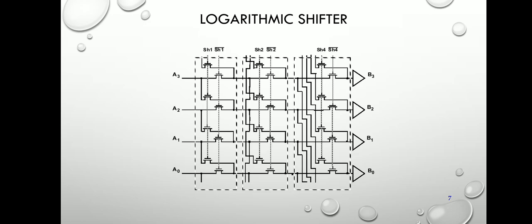It contains log 2 n stages, where the ith stage either shifts over 2^i bits or leaves the data unchanged. Each stage of the logarithmic barrel shifter is controlled by a control bit, and the shifter is carried out using VLSI technology, and its functionality includes arithmetic shifting, logic shifting, and rotation.